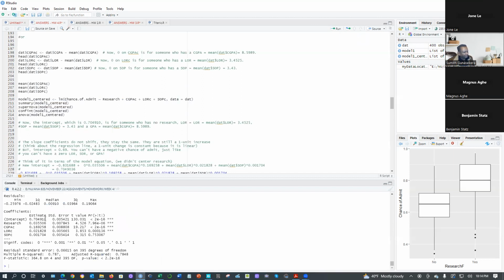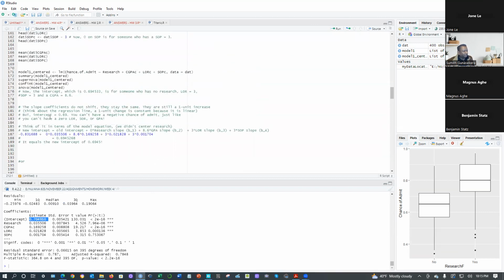Intercept 0.7. This is for someone who has no research, where LOR is nothing but the mean of LOR, SOP is nothing but the mean of SOP, and GPA is nothing but the mean of CGPA, which is this one. The whole thing is taken into account rather than you specifically picking some part of that value.